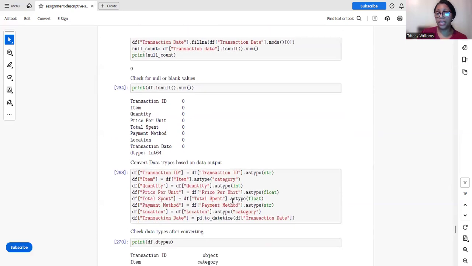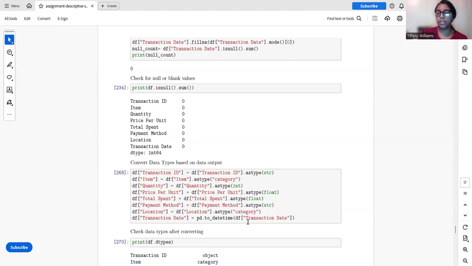As I check back for null values, now you see that there are no nulls left within that data frame. Now I go on to define those types. I put the transaction ID as a string because it has numbers and letters. The item, I made it a category because there were only, I think, 10 items that you could choose from. I made the quantity an integer. The price per unit is a floating number, as well as total spent. I made the payment method a string, and the location, it was either in or takeout or unknown, so I made that a category as well.